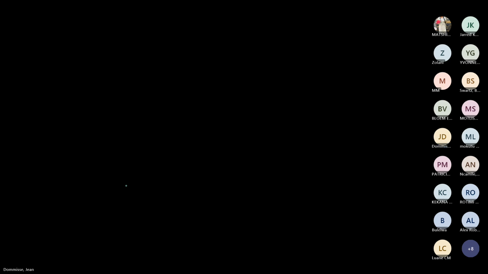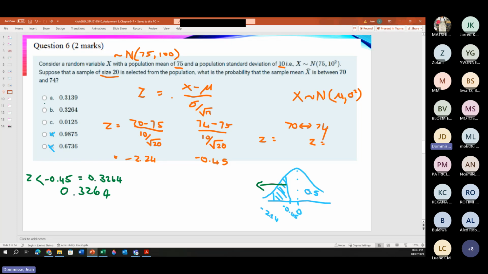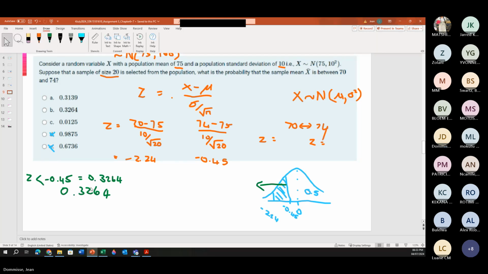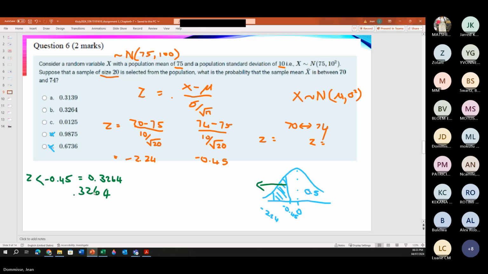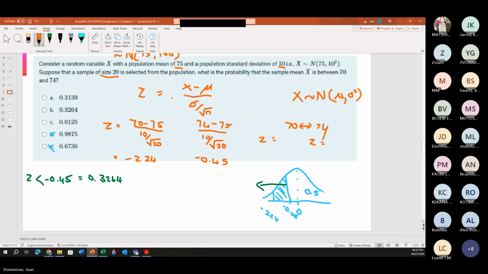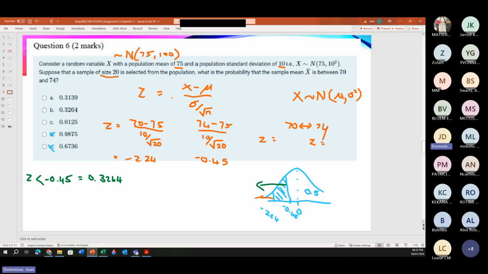So what I would do is to say, okay, we've got that one, then to get the blue area, I'll work out what is that Z smaller than minus 2.24.